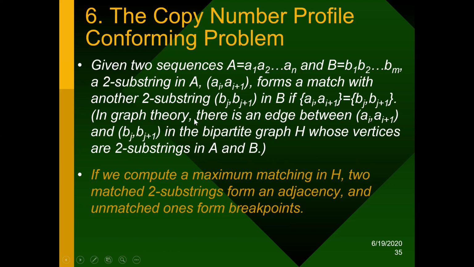So in graph theory, there's an edge between these two substrings in the bipartite graph. If we compute a maximum matching in this graph H, then the matched substrings form adjacencies, and the unmatched ones form breakpoints.